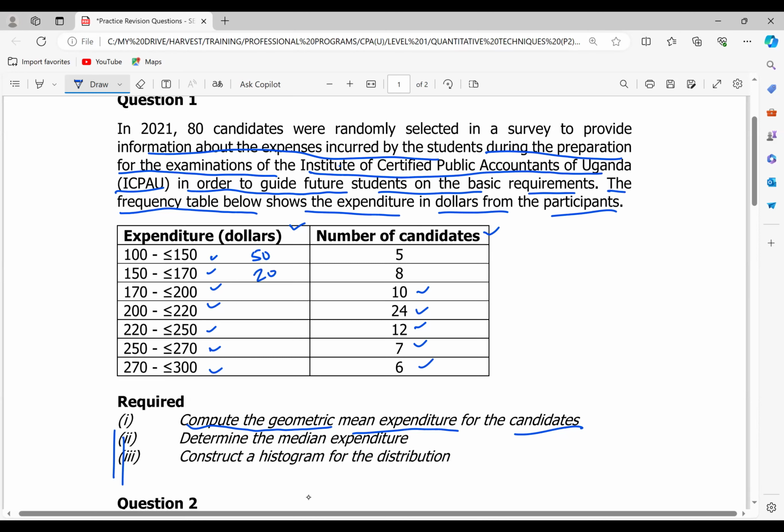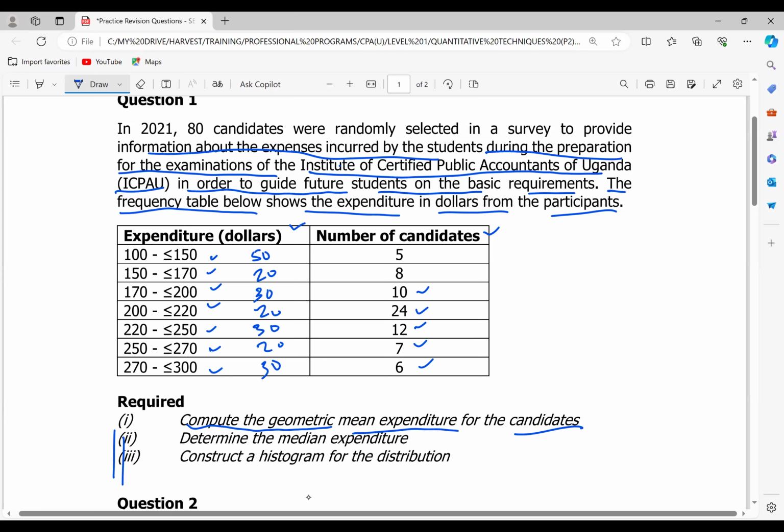Of 20. Then 170 to 200. That's a difference of how much? 30. And then 200 to 220, that's a difference of 20. Then this is a difference of 30, then a difference of 20. And 270 to 300 is about how much?